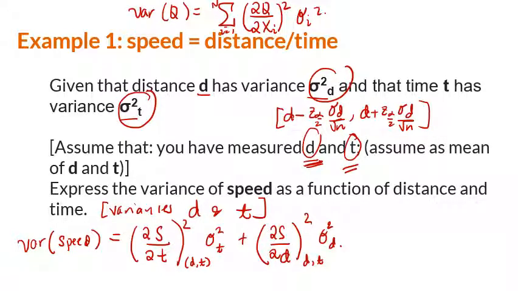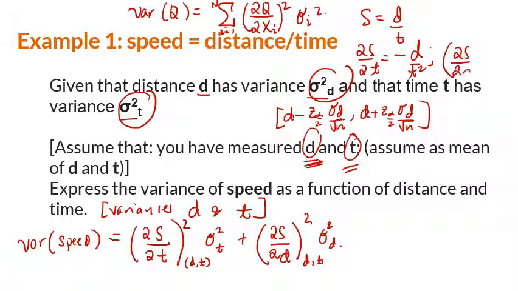Okay, take note, s is equal to d over t. The partial of s with respect to t is equal to negative d over t squared, then the partial of s with respect to d is equal to 1 over t. Okay, so hence, this is easy, class.